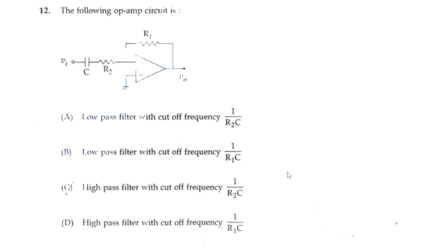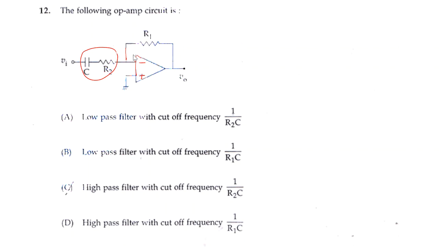This is a question that is asked on op amps. Here we have minus, here we have plus. So friends, observe here: the resistance and capacitance are both connected in series. These two are in series.